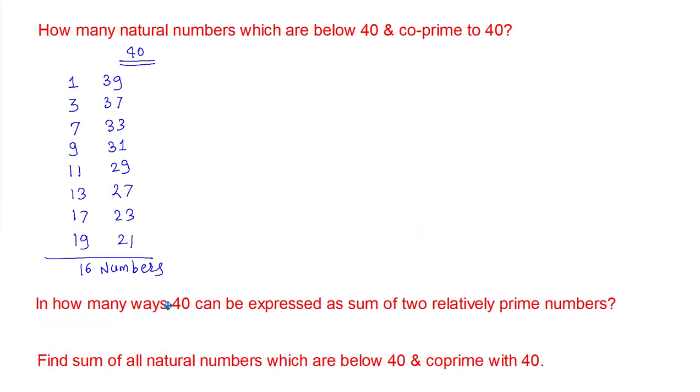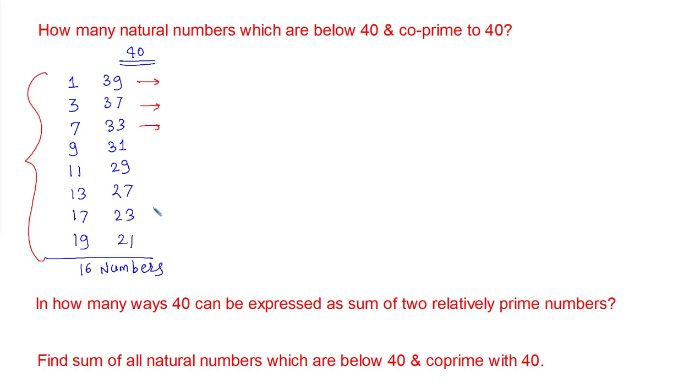The first question is: in how many ways can 40 be expressed as the sum of two relatively prime numbers? Now if you observe these 16 numbers, the addition of every pair is 40. So what we can conclude is, out of these 16 numbers, take any number; for that particular number, there is another number such that their addition is the number itself.